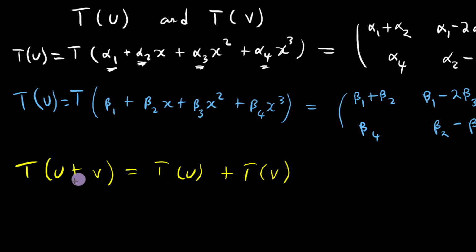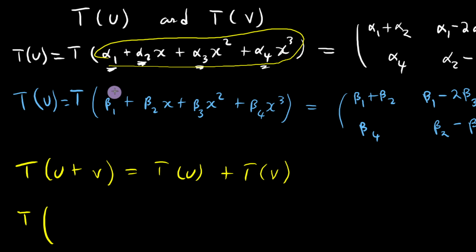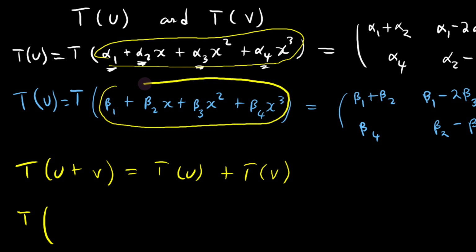So the first thing we're going to do is get u plus v. We'll say transformation of u, which is this that is inside here, then we add it to v. I'm going to do this addition systematically. We're going to add from here so that we write the answer here. It will be alpha 1 plus beta 1.